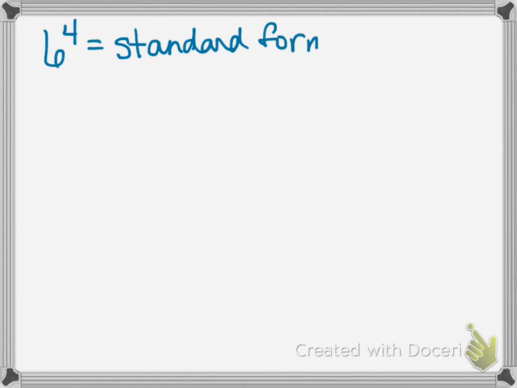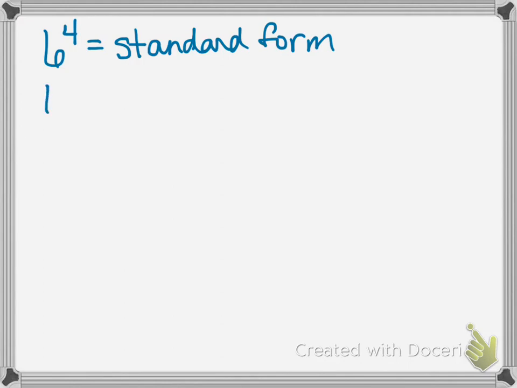When we talk about writing exponents, 6 to the 4th power, when we have it as a base and an exponent, we call this standard form. If we want to explain what that means, we can write it in expanded form.